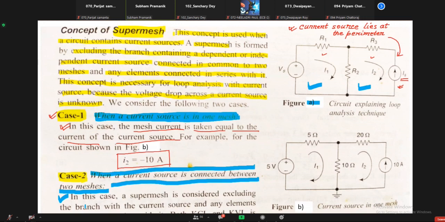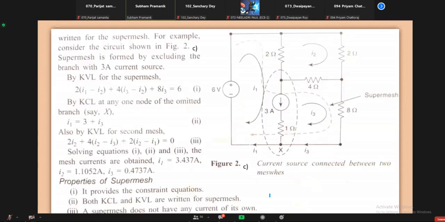Exclude means you cannot simply remove it and throw it somewhere. No, it is present actually, but we are virtually assuming that the branch is absent. Exclusion means that. Then what does it say? Both KCL and KVL are written for the supermesh.